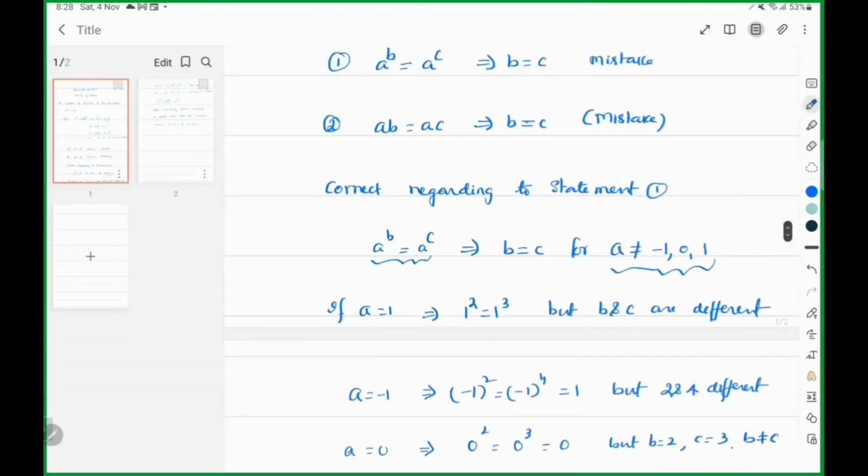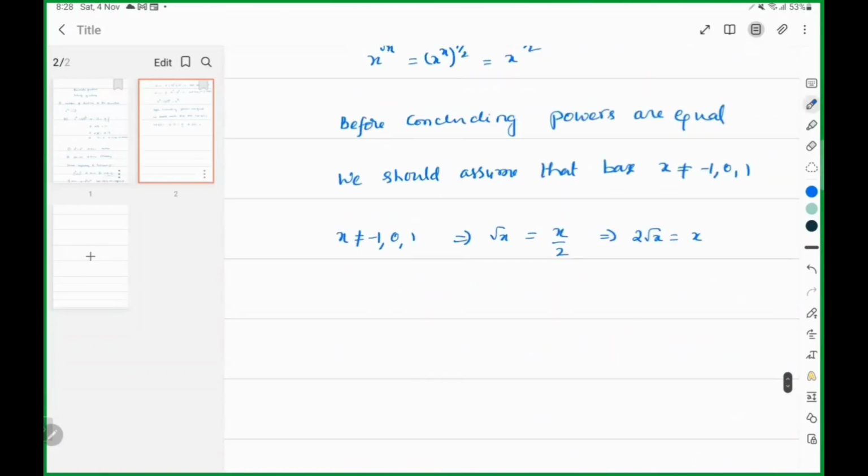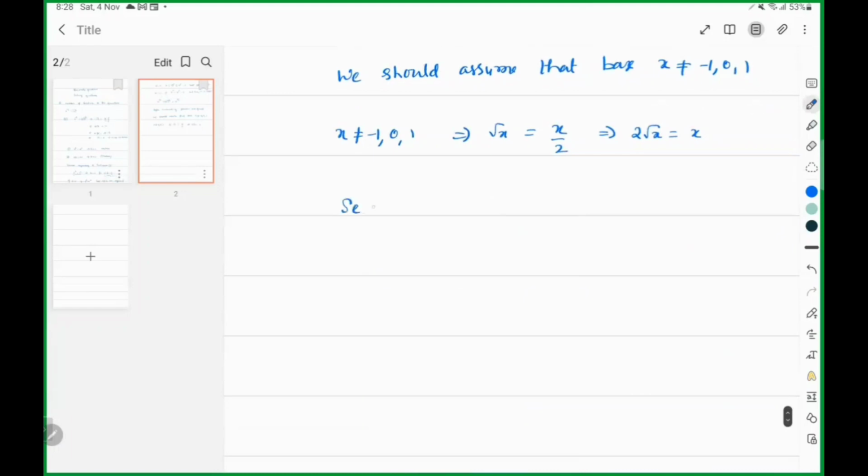Again, the second statement. The second statement here is AB equal to AC implies B equal to C. If you conclude this, I told you it is a wrong statement. Why is it wrong? If you take A as 0, both are zeros, but 10 and 100 are not equal.